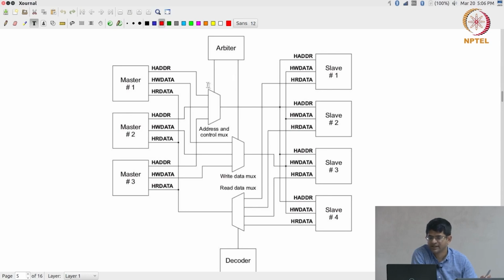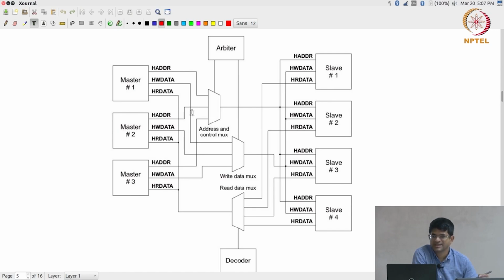The arbiter is sending a select signal which decides which of these masters, M1, M2 or M3, is going to be responsible for the HADDR signal coming out here, and similarly which of them is going to generate the HWDATA that comes out over here. You remember we discussed earlier that either a multiplexer or a tri-state approach can be used in order to implement a shared bus.